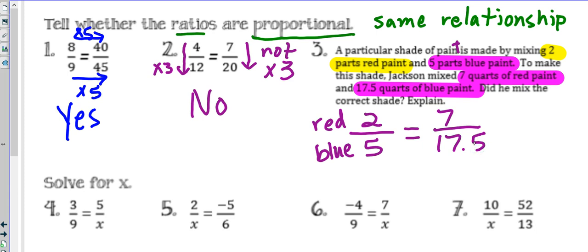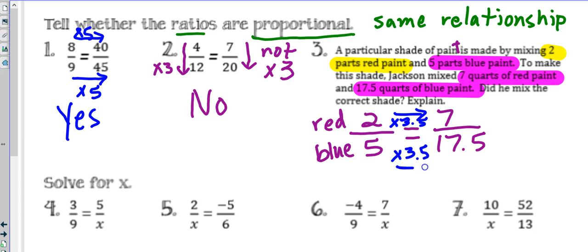Again, we're going to look for relationships, 2 and 7, 5 and 17.5. I could look for a horizontal, and I know that 2 times 3.5 is equal to 7. I'm going to check to see if 5 times 3.5 is 17.5.